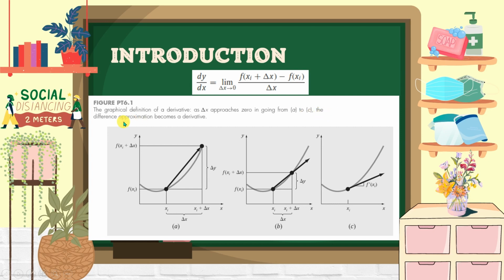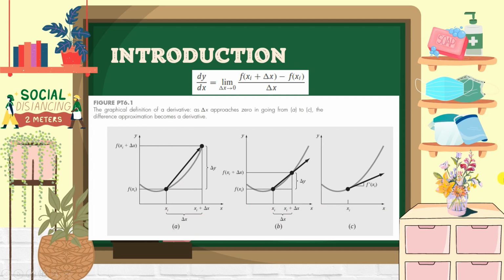The difference approximation becomes a derivative as delta x approaches 0, wherein dy/dx, which can also be designated as y prime or f prime of x sub i, is the first derivative of y with respect to x evaluated at x sub i, as seen in the visual depiction of figure PT 6.1c.